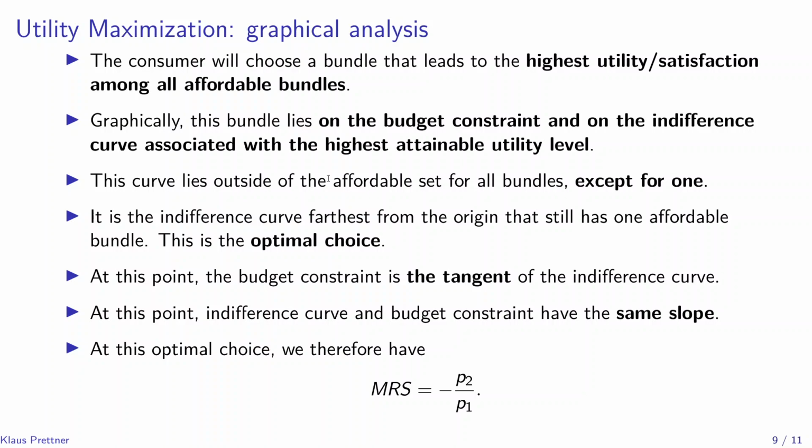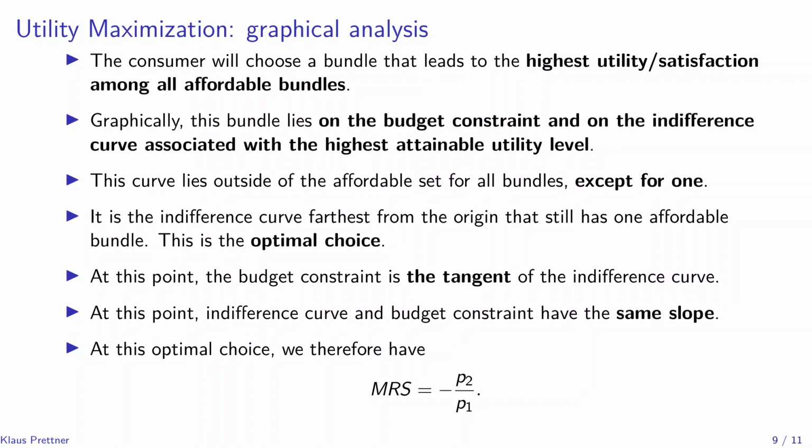So we can summarize the graphical analysis of the utility maximization problem as such that the consumer strives to find the consumption bundle that it likes most among all the bundles that are feasible. So this bundle will then lie on the budget constraint and on the indifference curve that is associated with the highest attainable utility level.